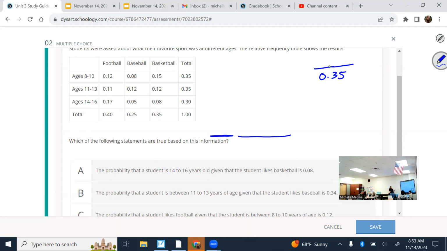My numerator is out of the students that like basketball, just looking at this column, how many of them are 14 to 16 years old? 0.08. So then I need to divide that. 0.08 divided by 0.35 is 0.23.